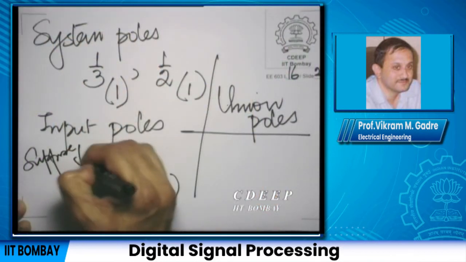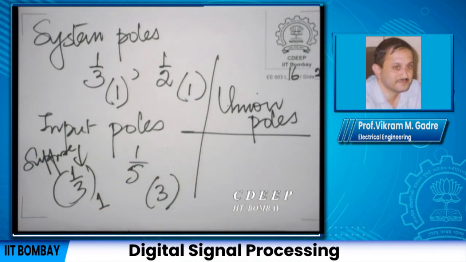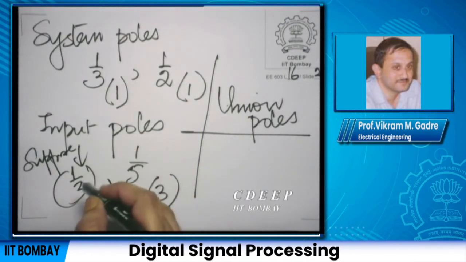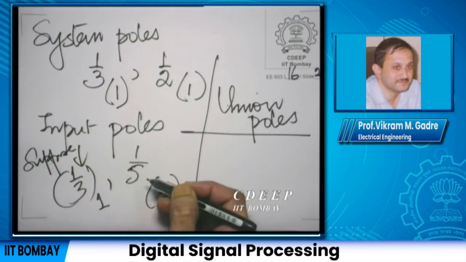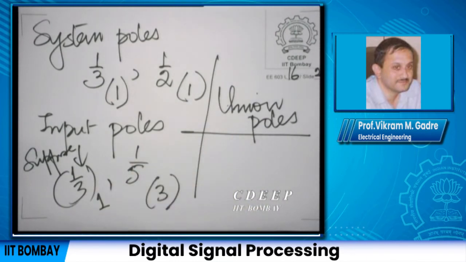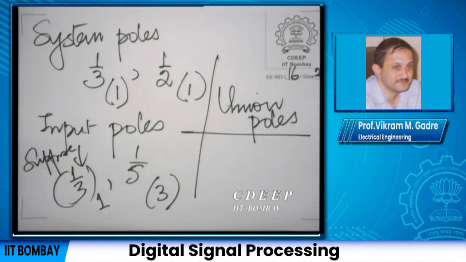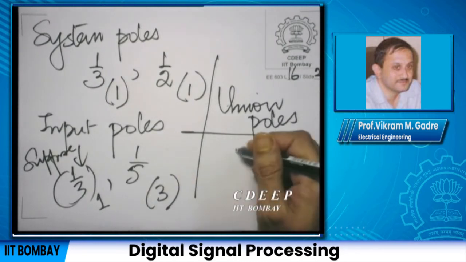but suppose we also had one more, a 1/3 with a multiplicity of 1 in the input too. That means the input is a combination of two poly-exponential terms: (1/5)^n multiplied by a polynomial of degree 2 plus (1/3)^n multiplied by a polynomial of degree 0. What would be the union poles?